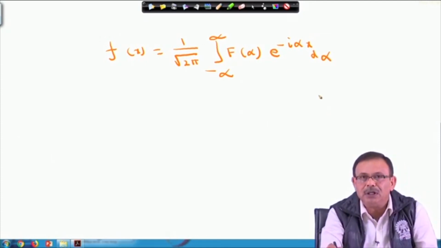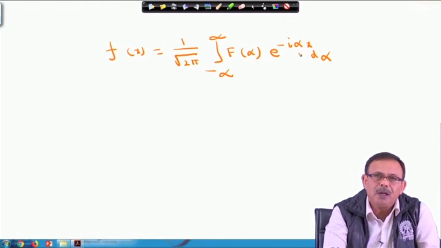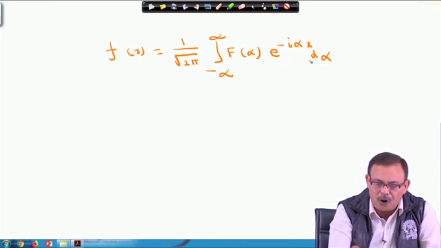Please note one thing: here I have used e power minus i alpha x because when I was finding the Fourier transform, I used e power i alpha x. So, in the Fourier transform if you use e power i alpha x, then in the inverse Fourier transform you have to use e power minus i alpha x, or do the opposite.